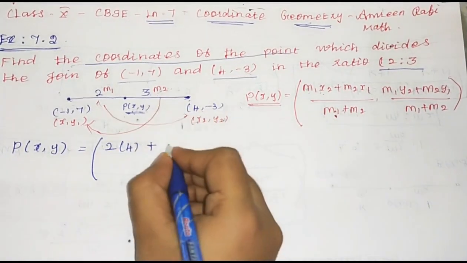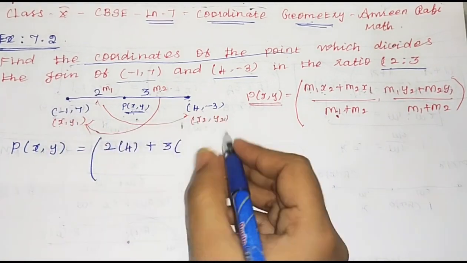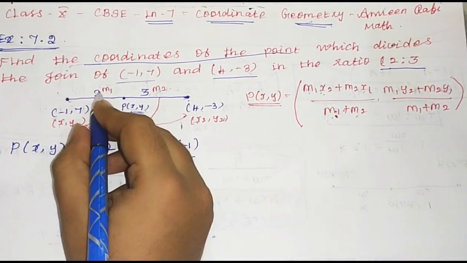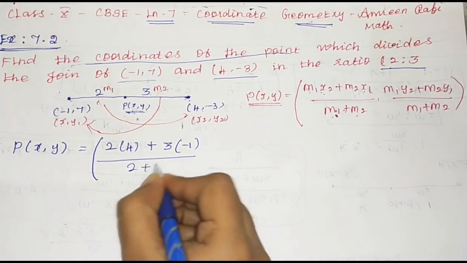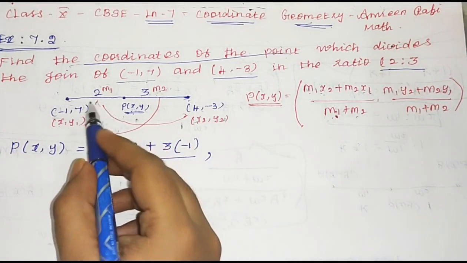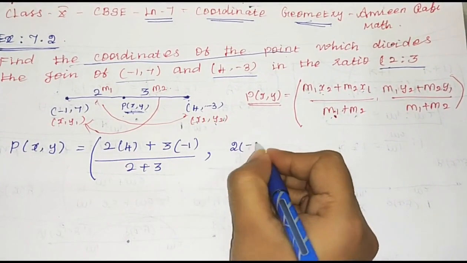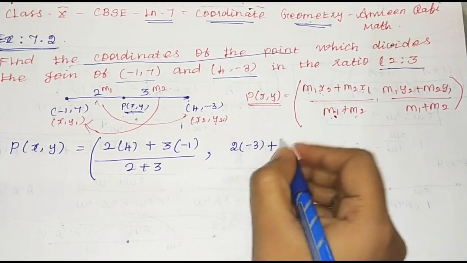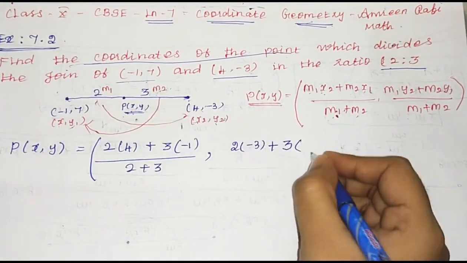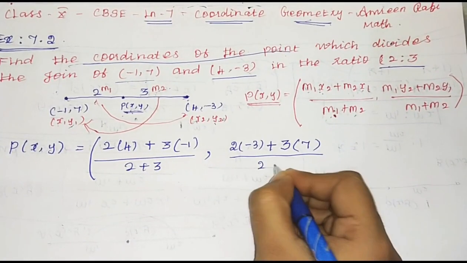Instead of m2 3. Instead of x1 minus 1, the denominator is m1 plus m2, 2 plus 3, comma next one m1 y2. Instead of m1 2, instead of y2 minus 3, plus instead of m2 3, and instead of y1 7. The denominator m1 plus m2, 2 plus 3.